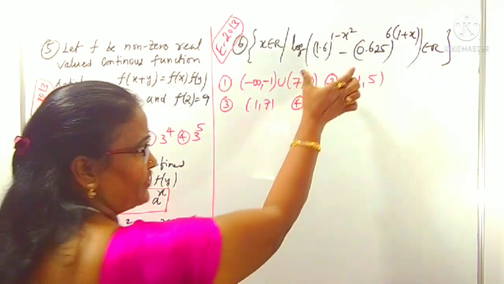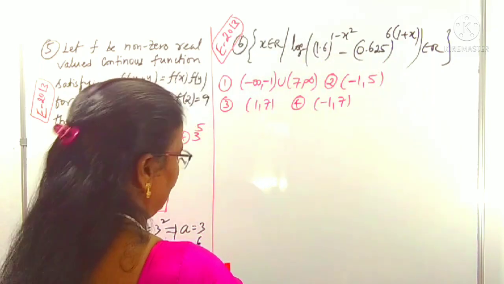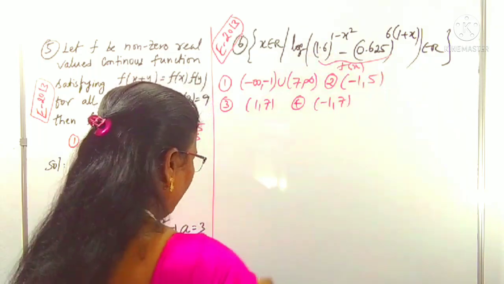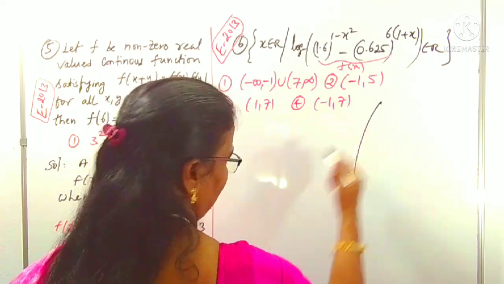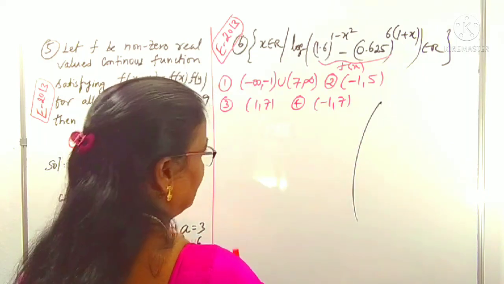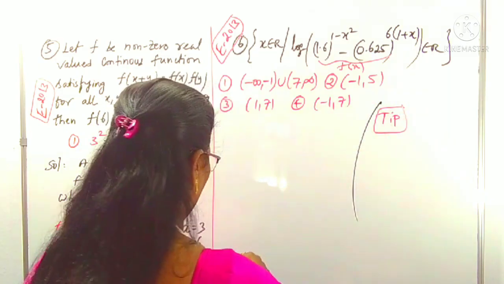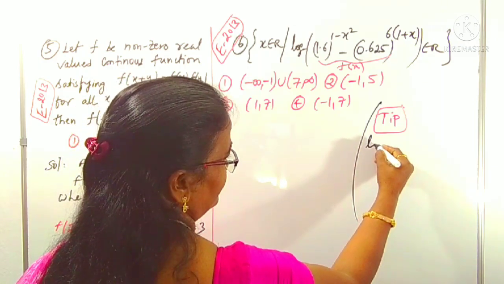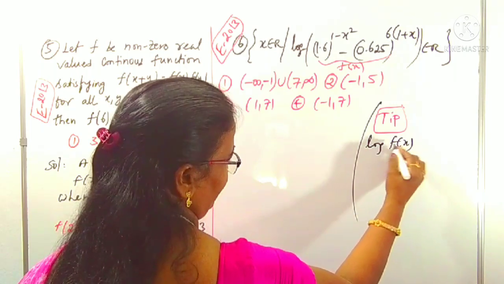Okay, what is this function? This is in the form of just like log f of x. Think of it as f of x. Okay, log f of x is defined. You know the condition for which a logarithm is defined. This tip you have to remember. Log f of x to any base, generally I am taking a, e, whatever it may be.